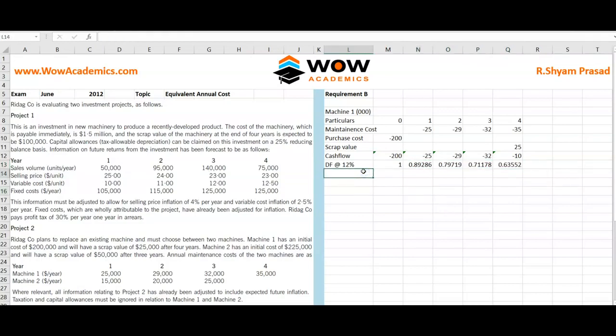The next one is to find out the DCF. DCF is cash flow into the discount factor.